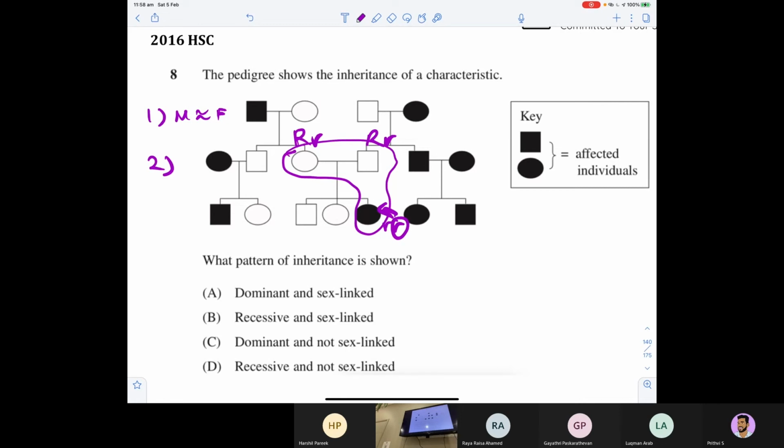Now, what I usually do is, this is where experience comes into play. If it's autosomal recessive, what else could it be? Just from the previous question you just did, what else looks similar to autosomal recessive? Sex-linked recessive. So the only other thing I would do is disprove sex-linked recessive and move on.